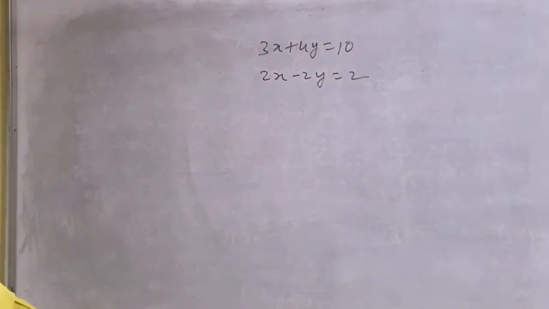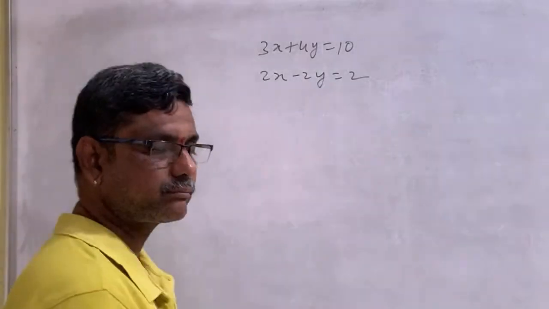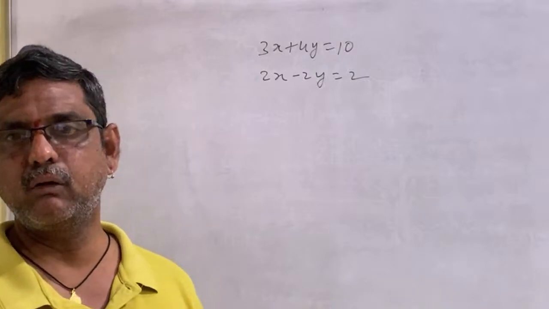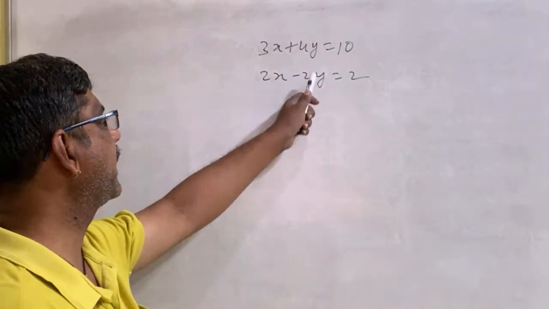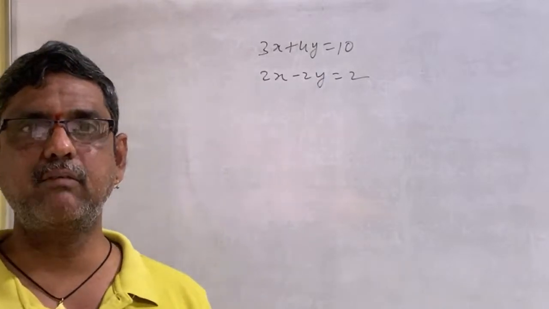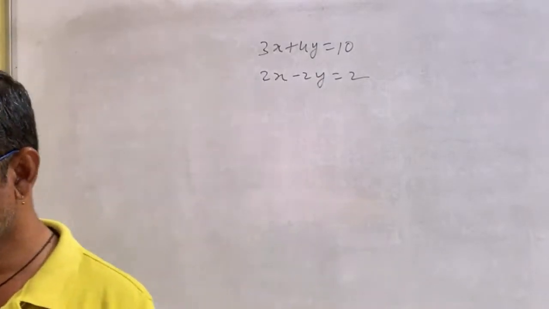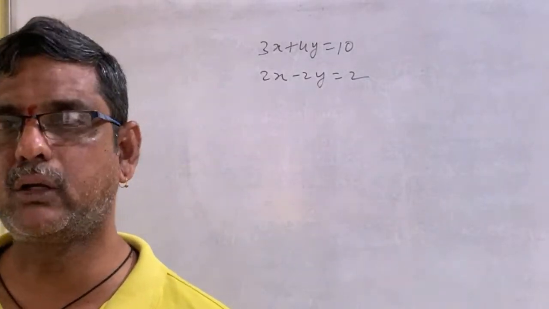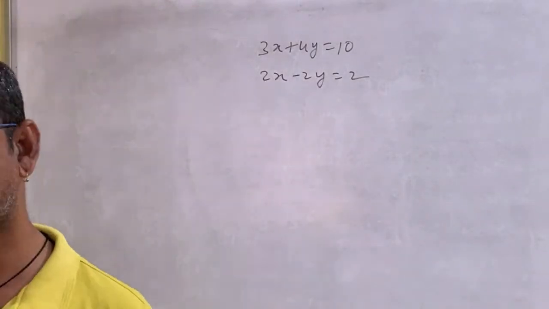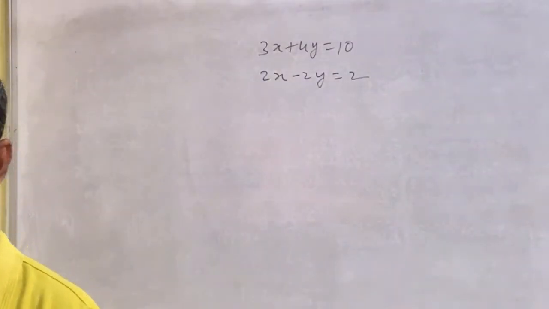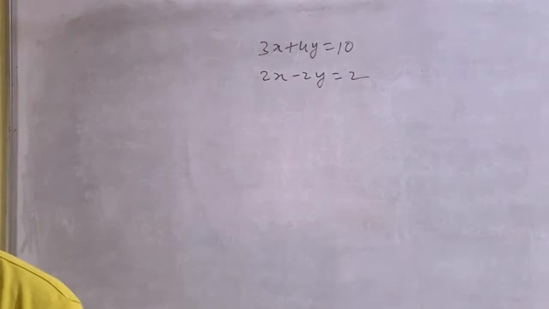Y. Maximum people say y. Very good, good selection. Now, observe the coefficients, 4 and 2. What is the LCM of 4 and 2? 4. LCM of 4 and 2 is 4.